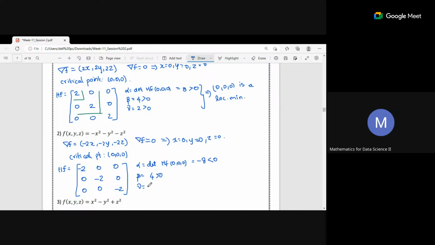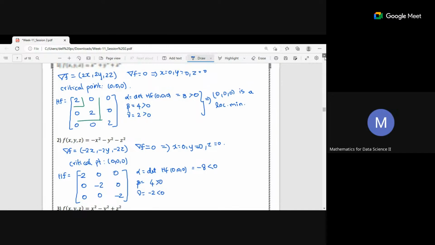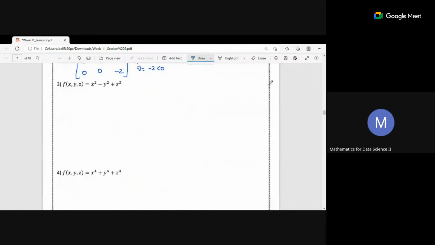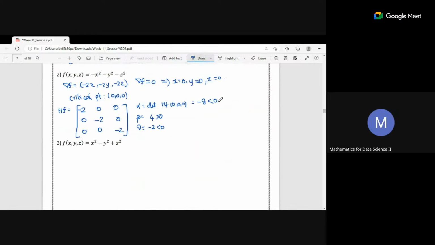And what is gamma? Minus 2, which is less than 0. So this case is local maxima. So you see that this point (0, 0, 0) is a local maximum.